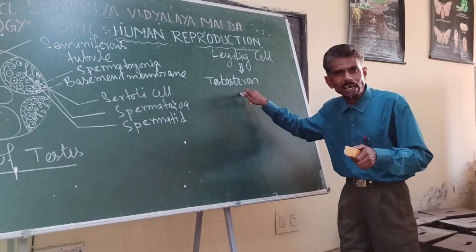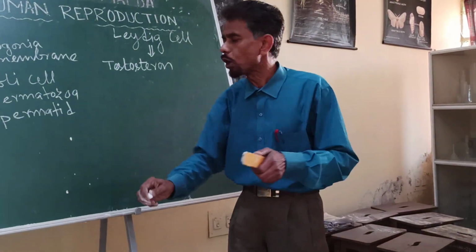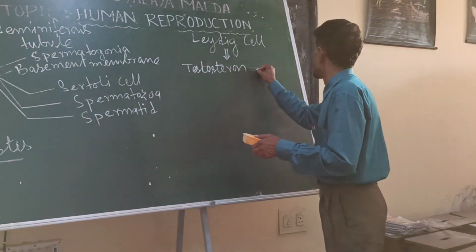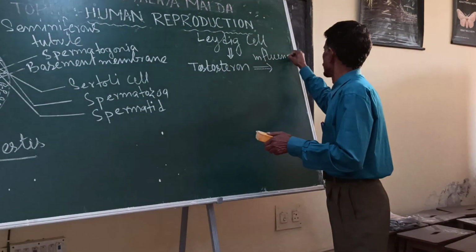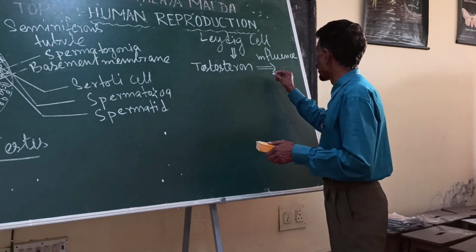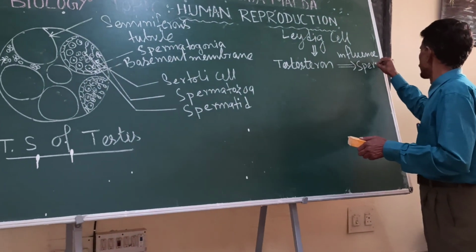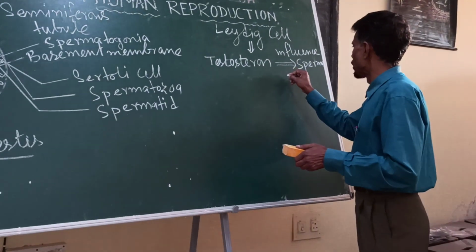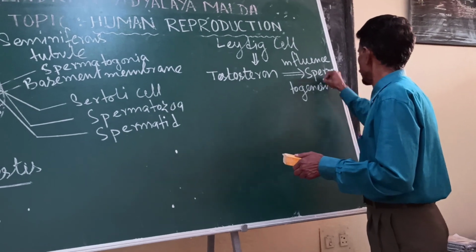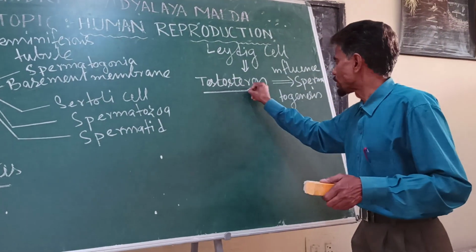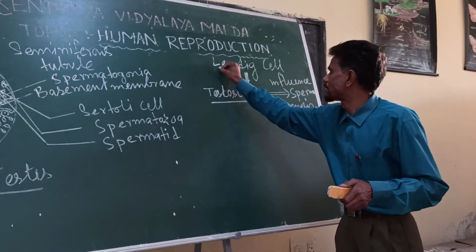This production of testosterone influences the process of spermatogenesis. So it is the testosterone hormone produced from Leydig cell.